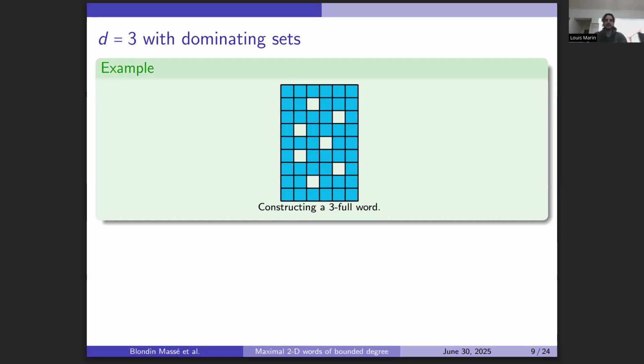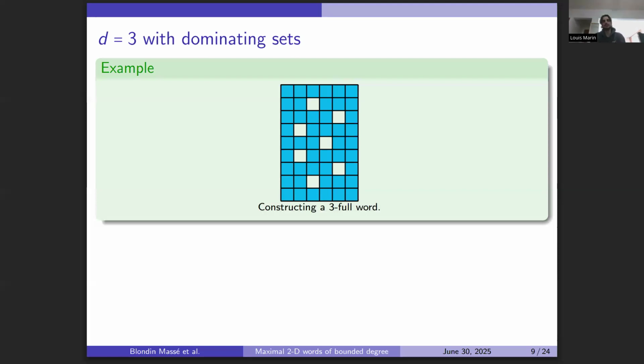If we instead define it as either you're in the set or you touch at least two vertices in the dominating set, then in a similar way, we could construct a two-fold word. So this is for d equals 2.